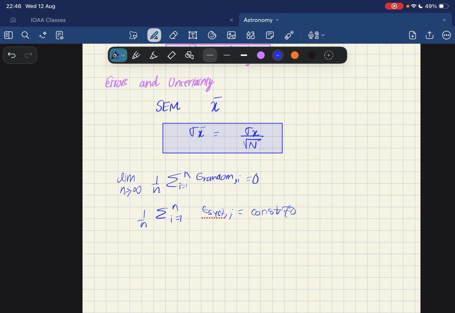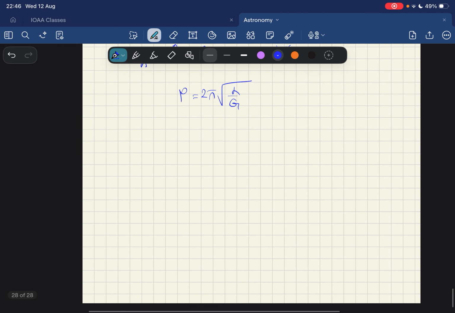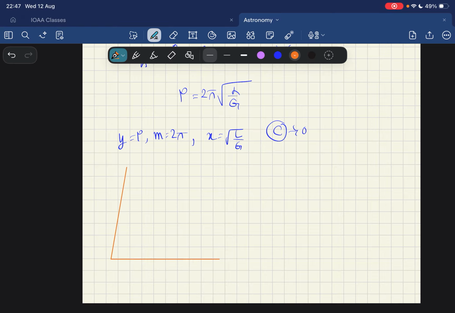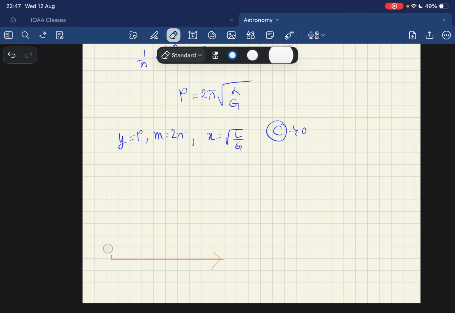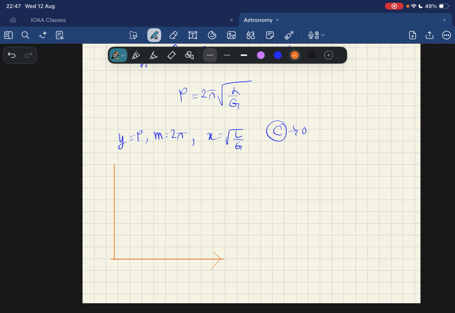If you want a visual example of how the systematic error goes, we can think of a linear fit of P equals 2 pi root l by g. So y equals P, m equals 2 pi, and x equals root l by g. We have y equals mx plus c, but c is 0 here.